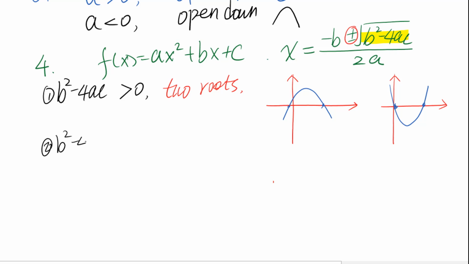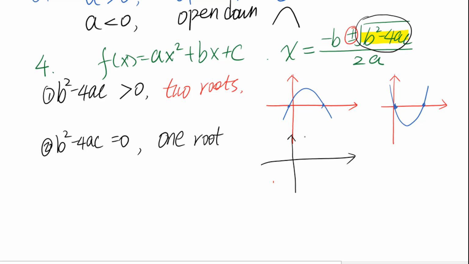For b squared minus 4ac equals 0, which means square root of b squared minus 4ac equals 0, negative b plus or minus 0 all over 2a will be negative b over 2a, which means the function has one solution, one root. The graph will intersect x-axis only once.